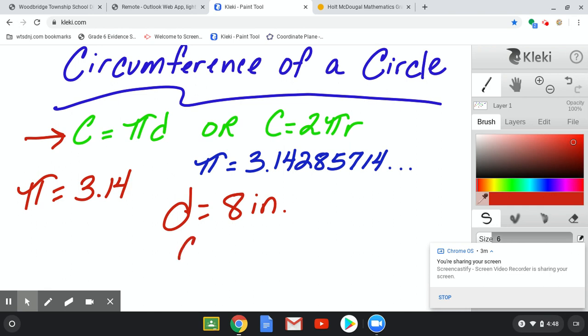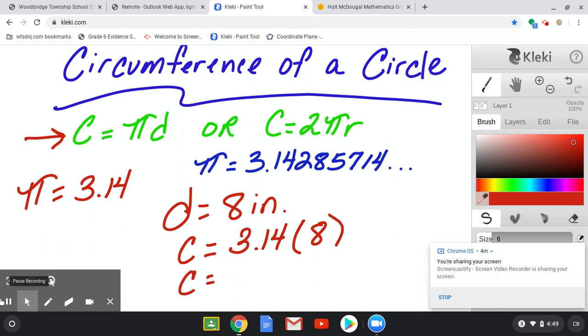So circumference is equal to pi, which is 3.14, times my diameter of 8. So I would take 3.14, multiply it by 8. This part you can use your calculator for. I do want you to show all of this work for me when you are actually solving. That's going to be the picture part of your work. But the actual calculation you may use a calculator for.